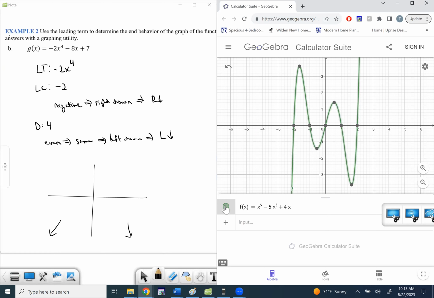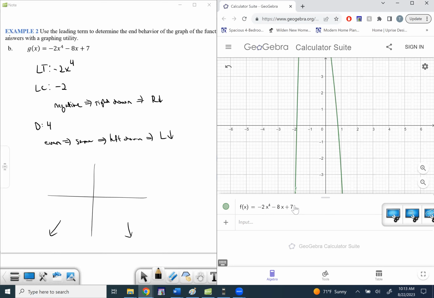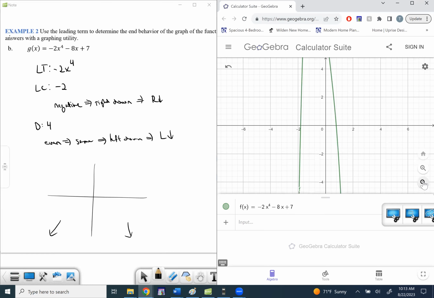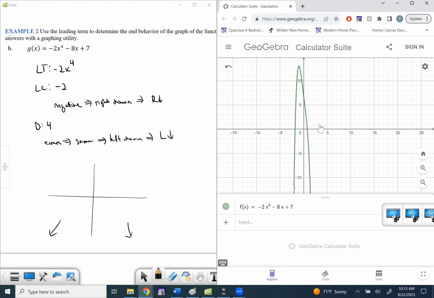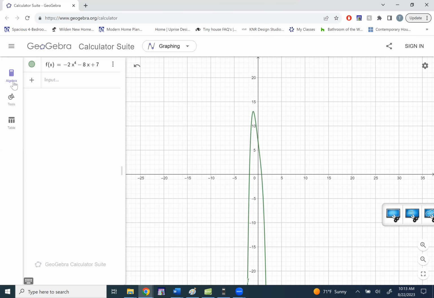Okay, so let's just change this. So this is negative 2x to the 4th minus 8x plus 7. Okay, zoom out a little bit. Okay, interesting. Let me make this a little bit bigger.